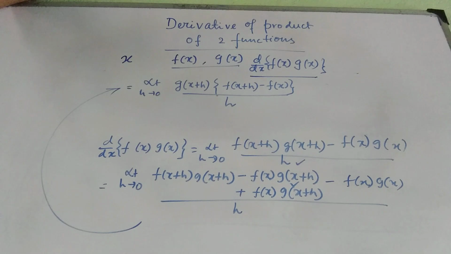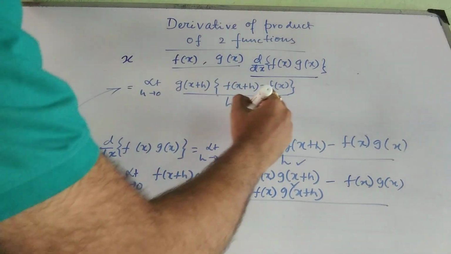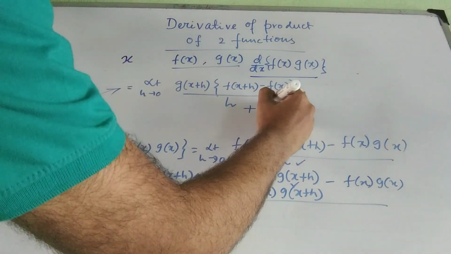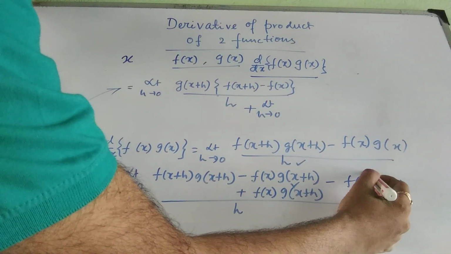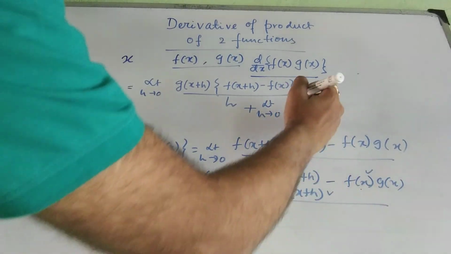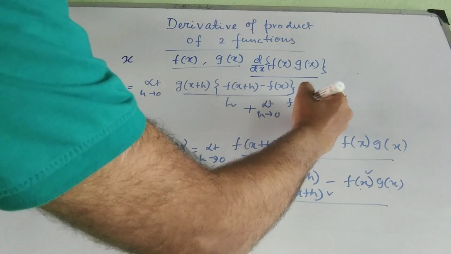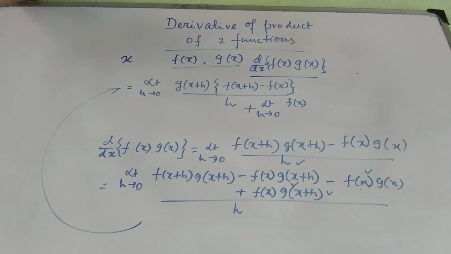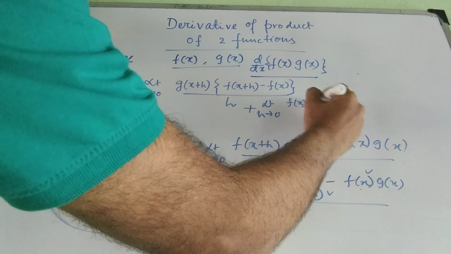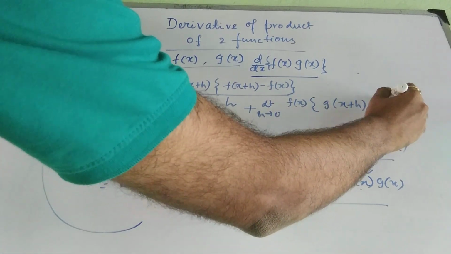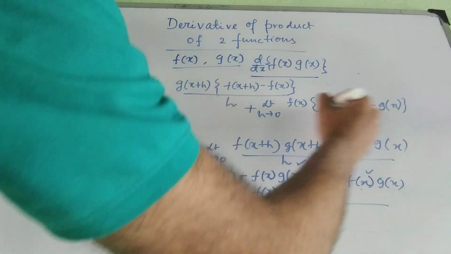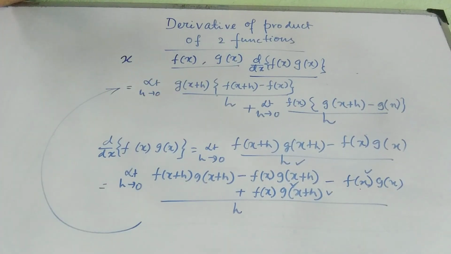I am separating the entire expression into two limiting expressions, plus another limit h tends to 0. If I take f(x) common from the third and fourth expressions, it becomes f(x) times within brackets g(x plus h) minus g(x), whole divided by h.